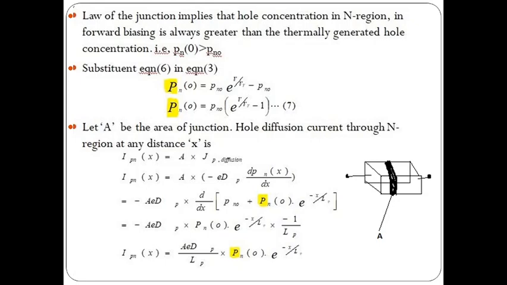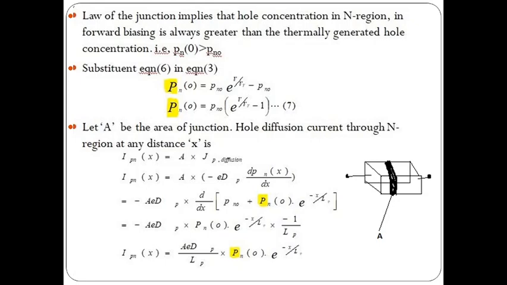So Ipn of x is nothing but the current due to the holes in the n region at any distance x, equals A, the area of the junction, into the current density of holes due to the diffusion process. We know Jp diffusion is the current density due to the diffusion process, equals E into diffusion flux density.